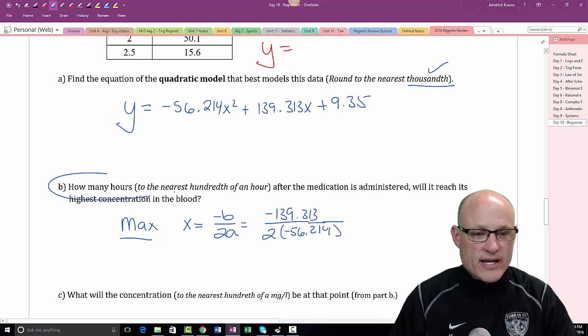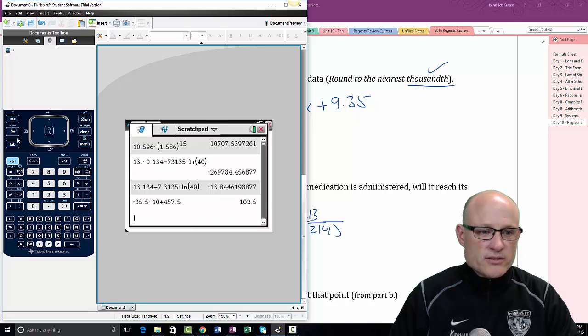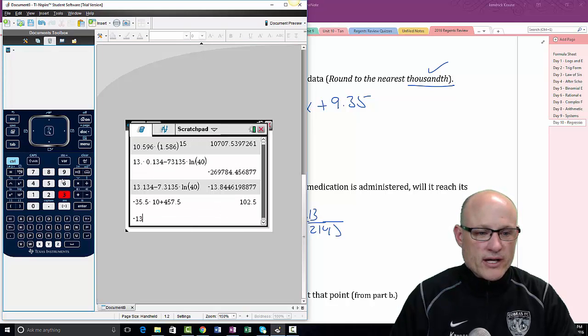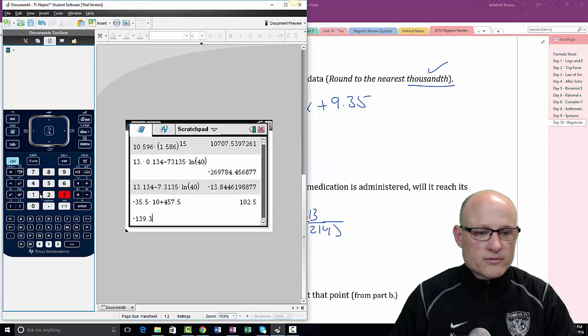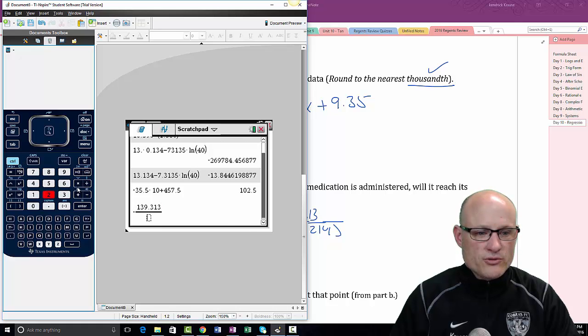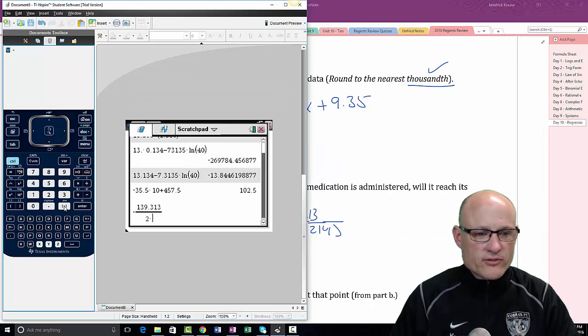It says after how many hours. So we're going to figure out what this is. So x equals, and we're going to round it to the nearest hundredth of an hour. So negative 139.313. It's negative b over 2a. 2 times negative 56.214.